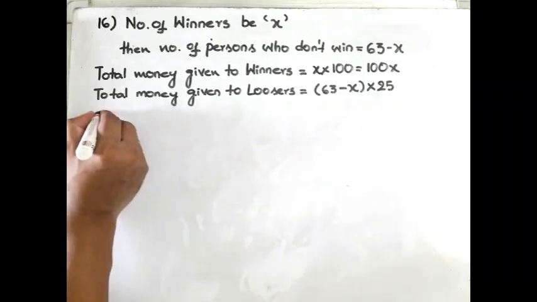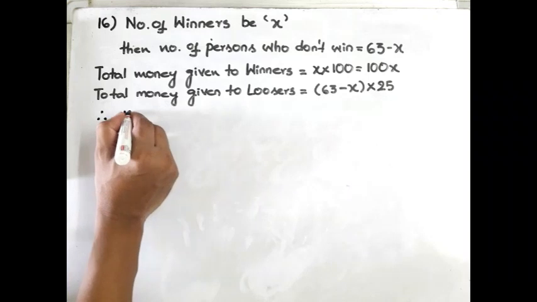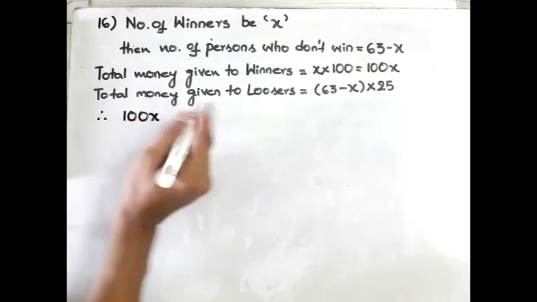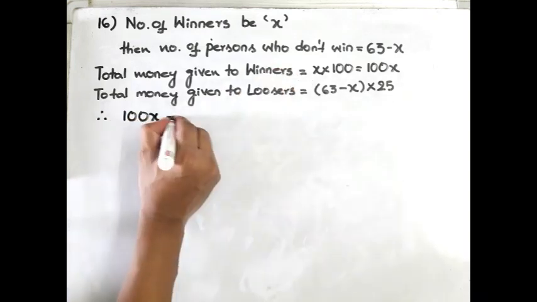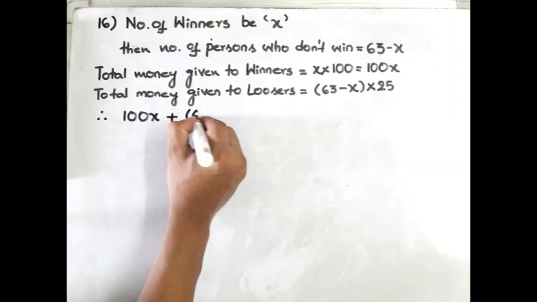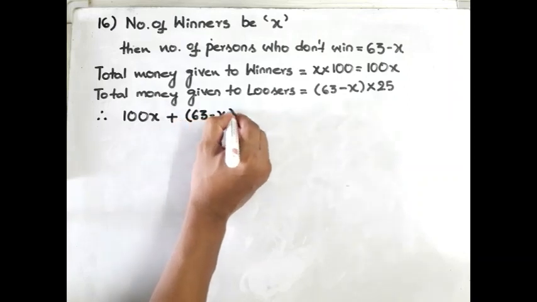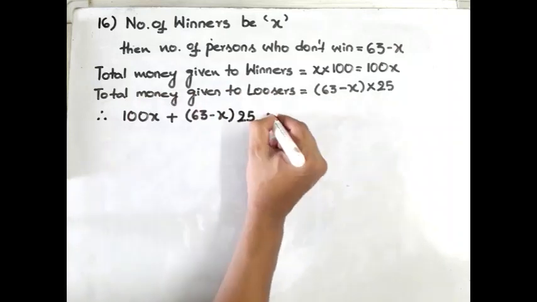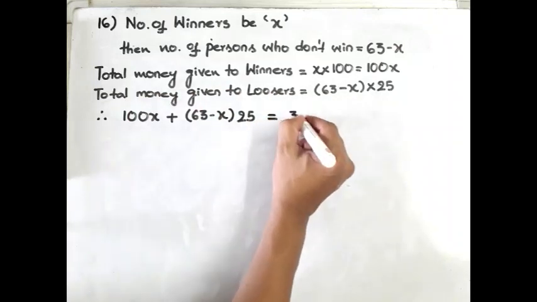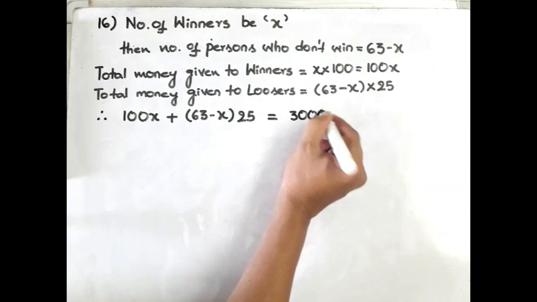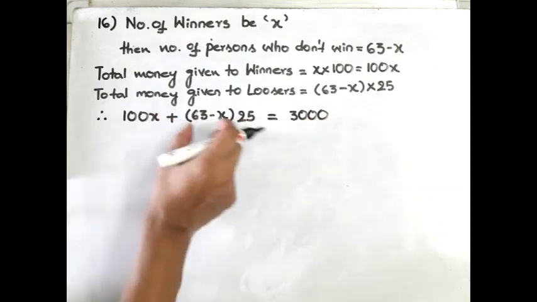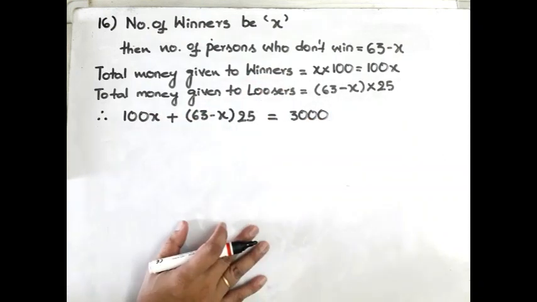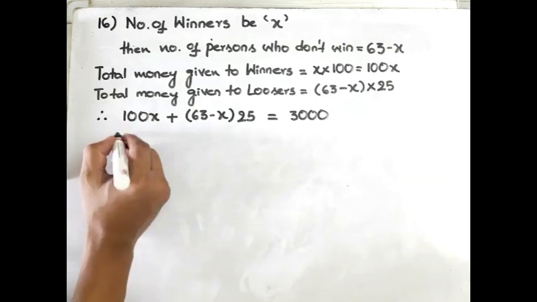Now therefore 100x, that means total money given to winners, plus 63 minus x into 25, total money given to losers, is equal to 3000. Because this is the amount which they shared among winners and losers, isn't it? Now let us solve this.